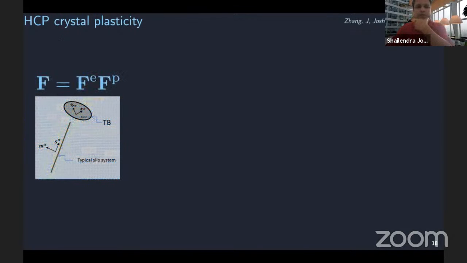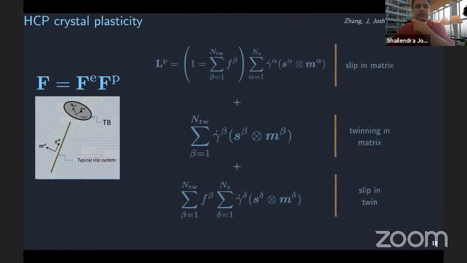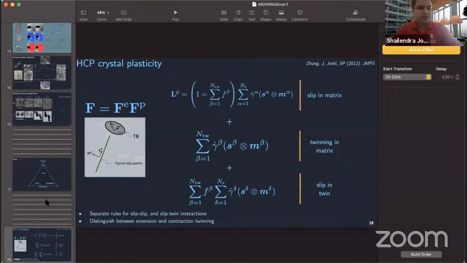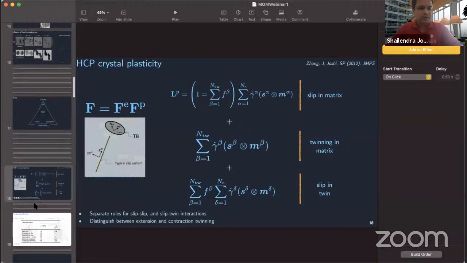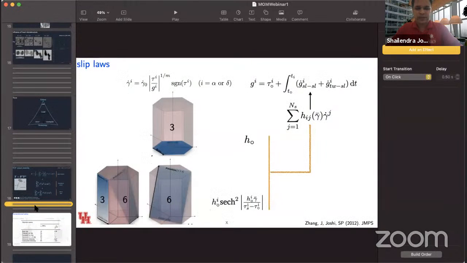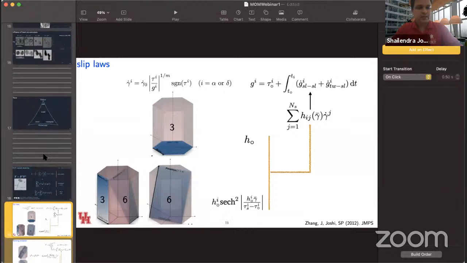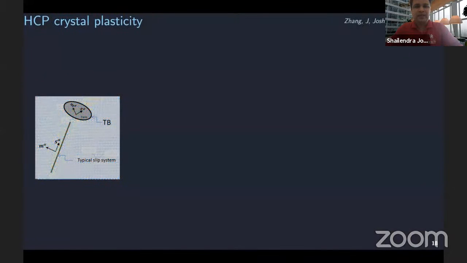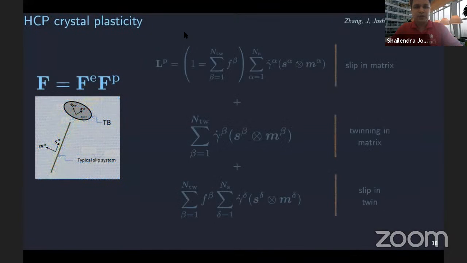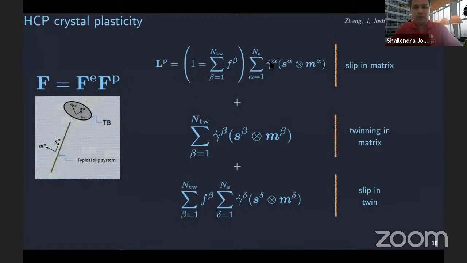Let me see if I can bring it up, because I kind of suppressed those slides. As I said, we have these crystal plasticity laws for gamma dot alpha, which is the slip rate on a given slip system alpha.